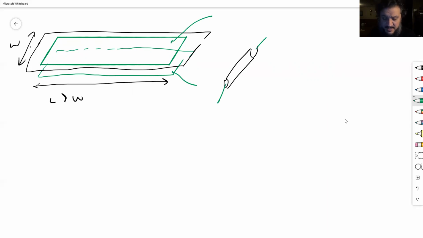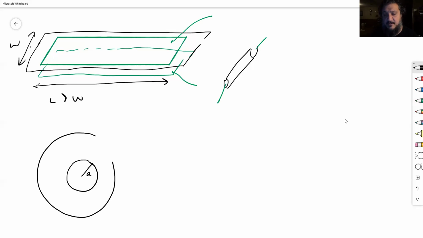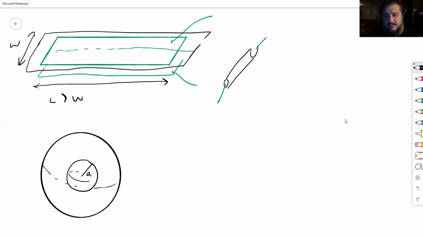Another example would be maybe a spherical capacitor. So let's say you have this conducting sphere of radius A, and then you have another sphere around it, which is of radius B. And you place a positive charge on the inner sphere, positive Q, and then you will have a negative charge right here.